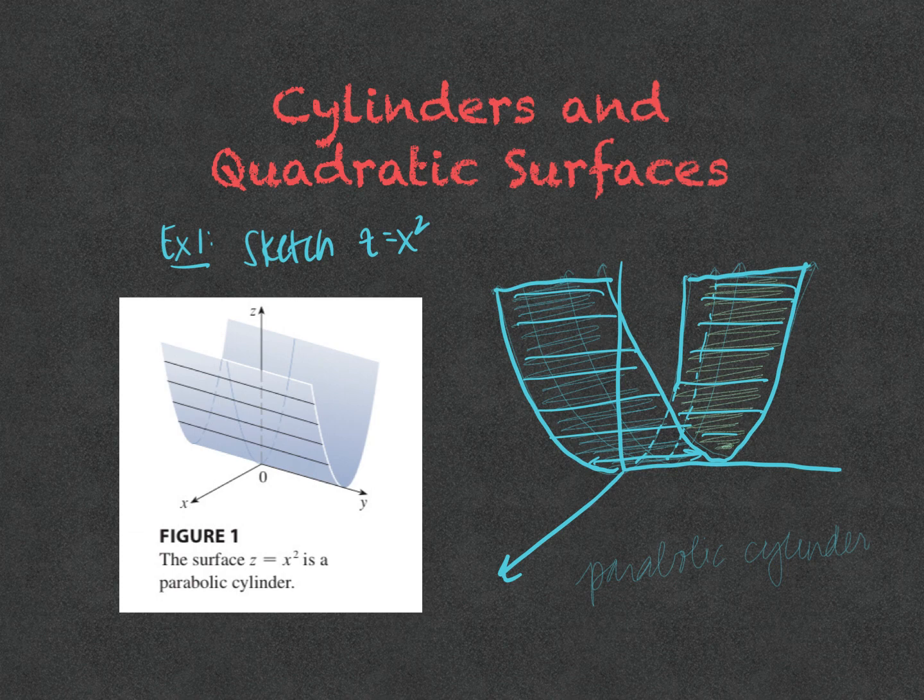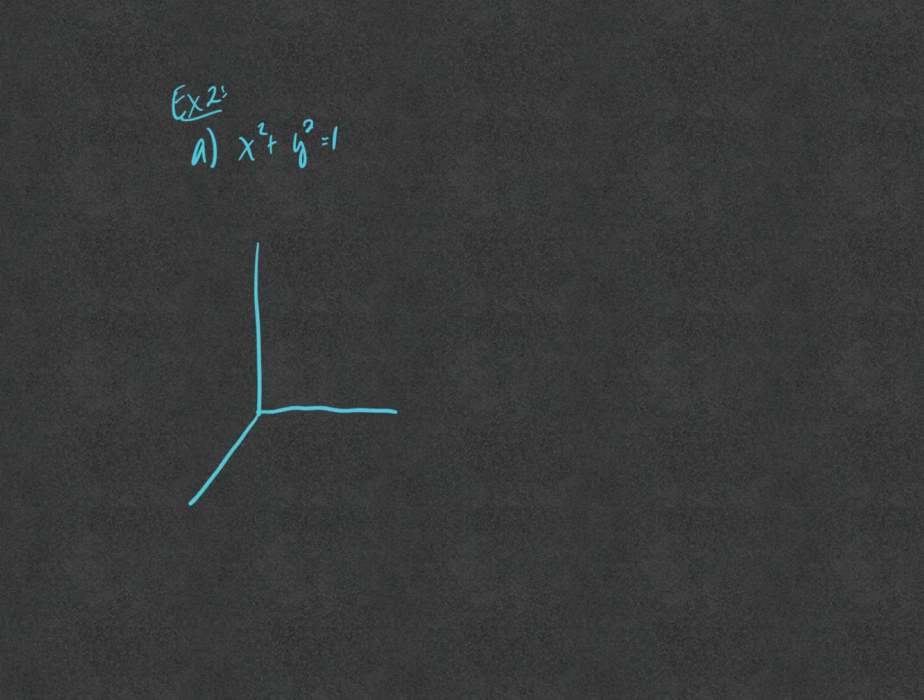So let's look at the next example. It says identify and sketch the surfaces. The first one is x squared plus y squared equals 1. Well, we know this is a circle in 2D, so it becomes a cylinder in 3D, and the z value doesn't matter. I like to draw these in pencil because then you can sketch it out.